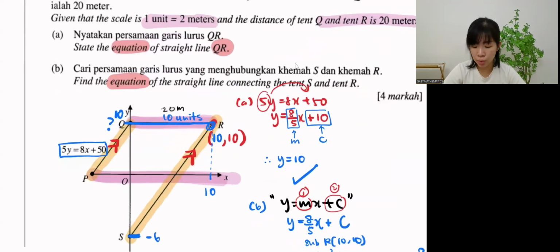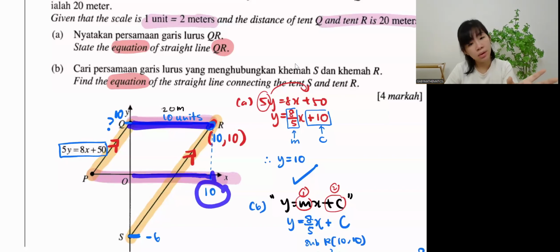So we convert it to units. 20 meters is equal to 10 units. So if this line is 10 units, the length is 10, which means the x is 10, from 0 to 10 like this.